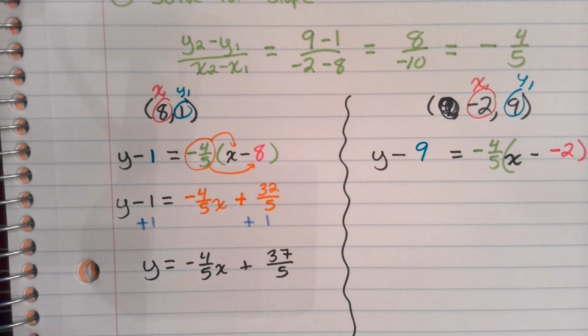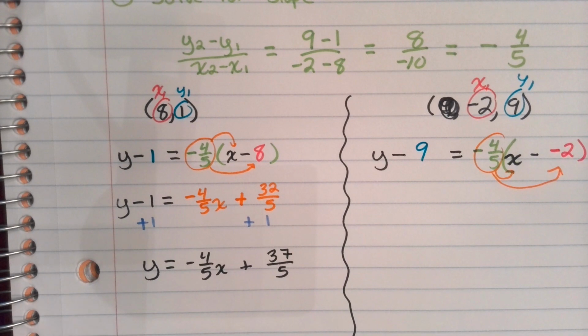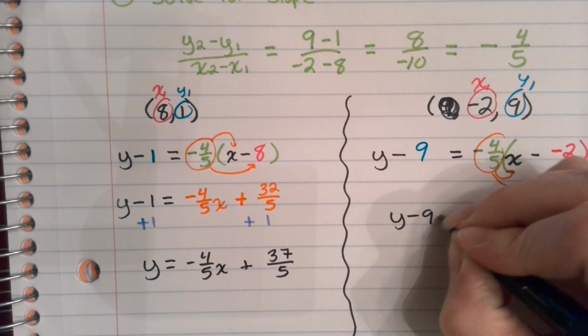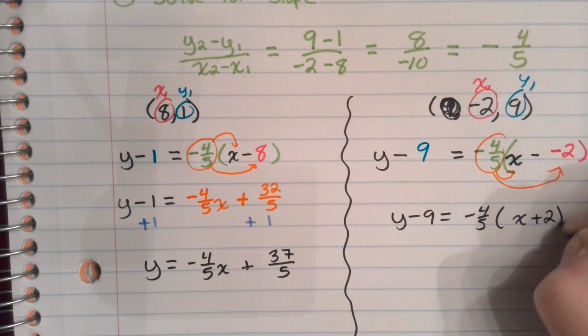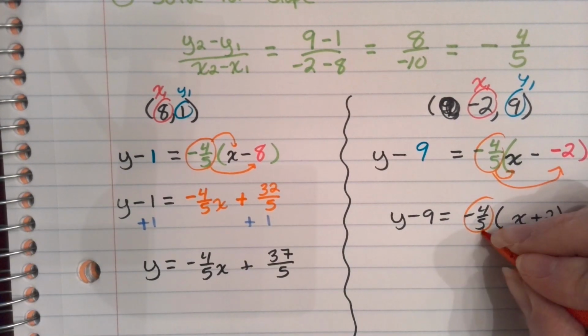You would first go ahead and distribute that negative 4/5 to the x and to the minus a negative 2, which happens to just now become a positive. Let's go ahead and rewrite that part first. So y minus 9 is equal to negative 4/5 times x plus 2, and then we'll go ahead and do our distribution, just so you don't get too confused.